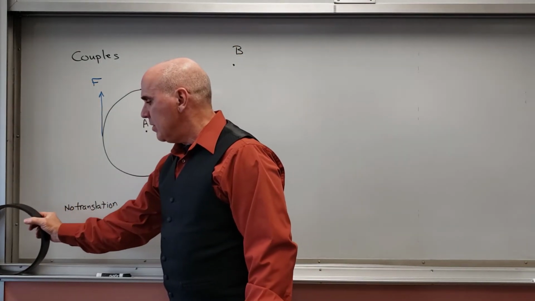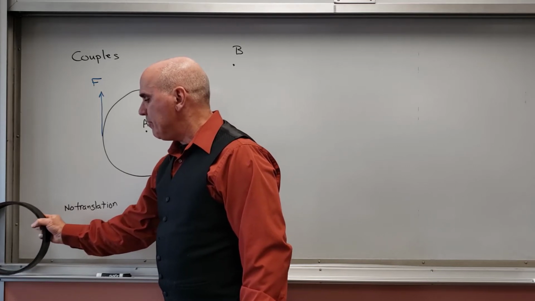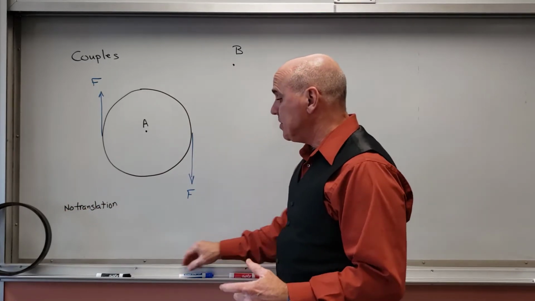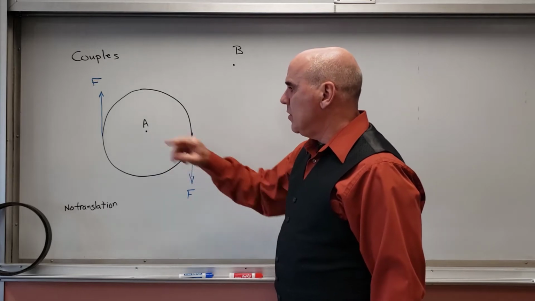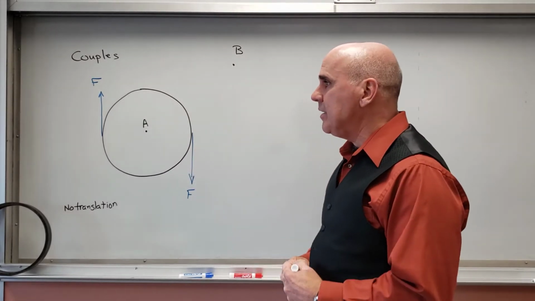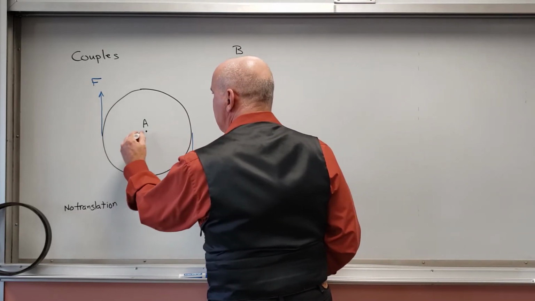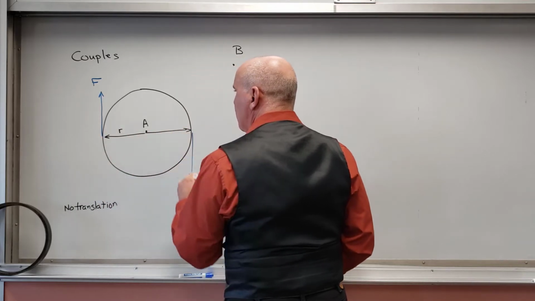All right, and so the couple will be the moment that is caused by these two forces, and that's what we're interested in then, is discovering what that moment is. So let's first off, we'll look at the moment, and we'll kind of talk about that point A here for a second. And what I've got here is the ring has some radius, and so there's going to be a radius r there and a radius r there.